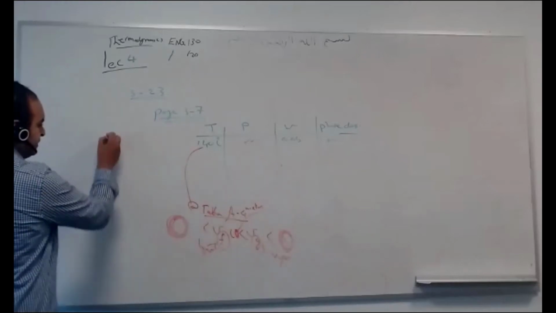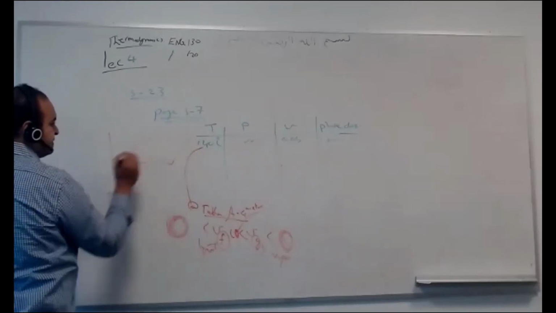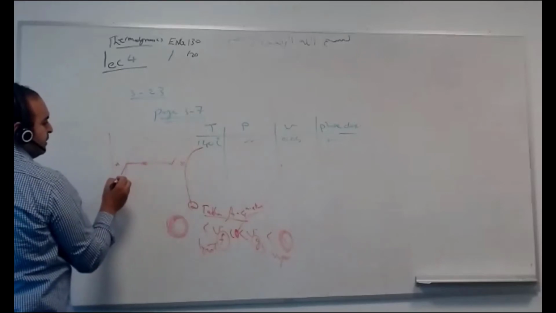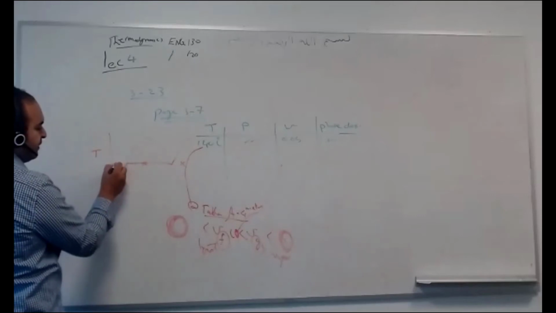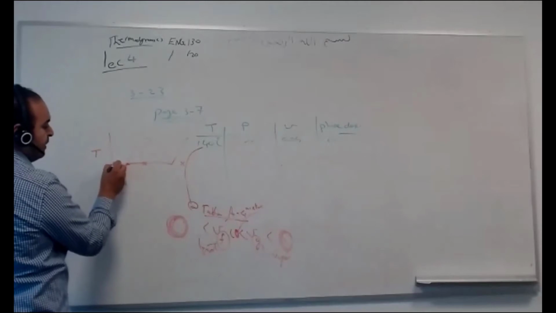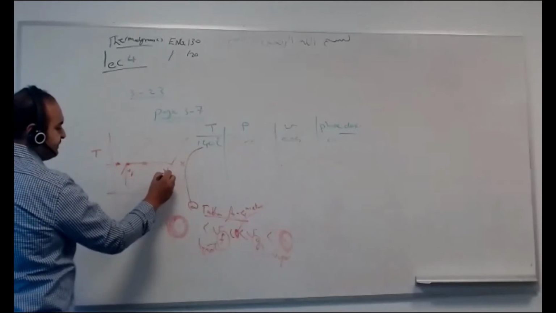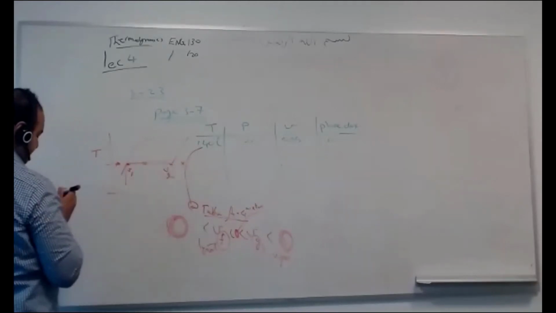So if you plot it, this is pressure, for example. You can be here or here or here at the same temperature. This is temperature. You can be either lower than VF, in between VF and VG, or greater than VG, which means you are superheated vapor.